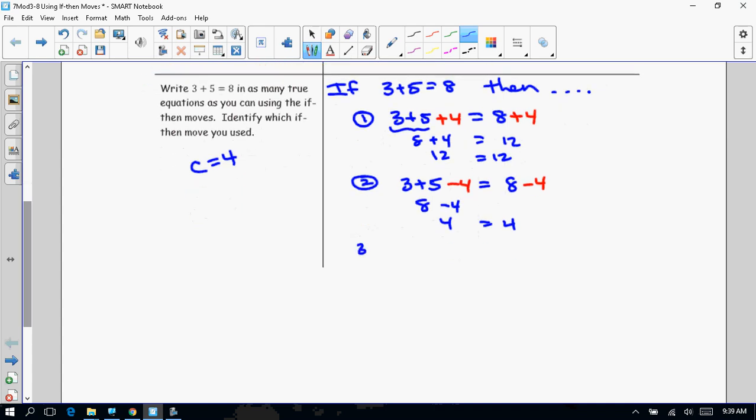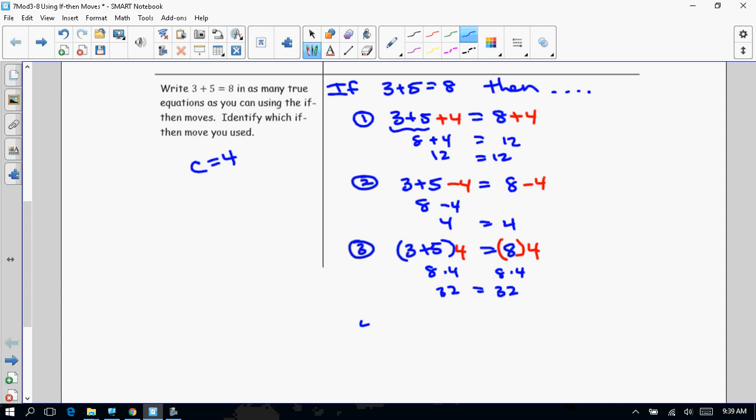Let's try the third one, in which we multiplied. So (3 plus 5), I'm going to put everything in parentheses now, times 4 equals 8 times 4. Please excuse my dear Aunt Sally. I'm going to do 8 times 4, which is also 8 times 4. And obviously 8 times 4, they're both 32. So that works.